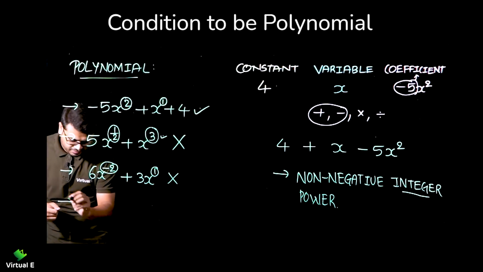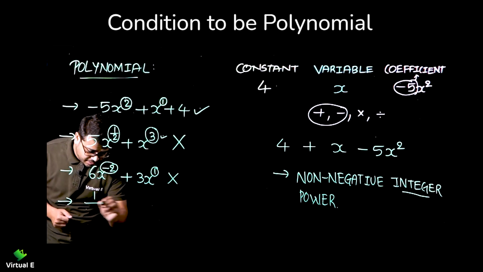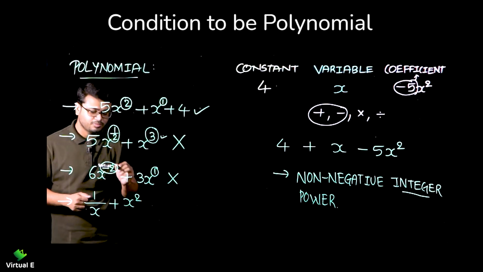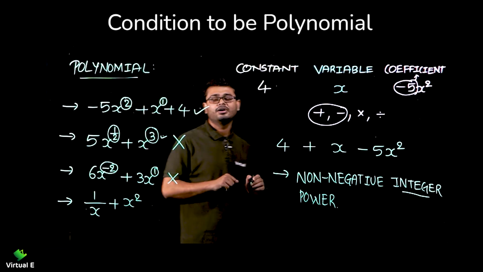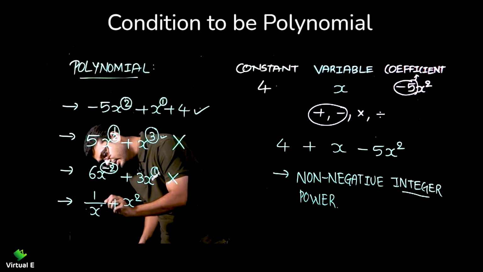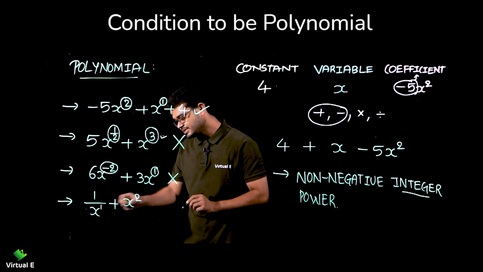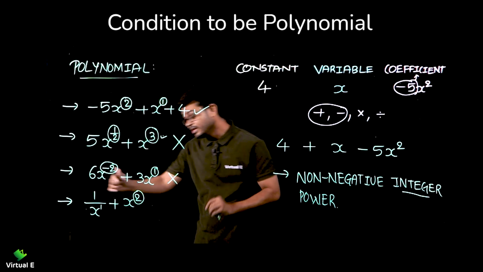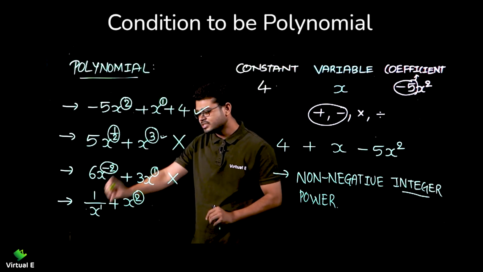Let's discuss one more case. Let's say 1 upon x plus x square. So this is very interesting. Power of x. Now see over here, it is 1 only. But okay, let's continue. Here power is 2. This is a non-negative integer, accepted. 1 upon x, now see, this is also not accepted.